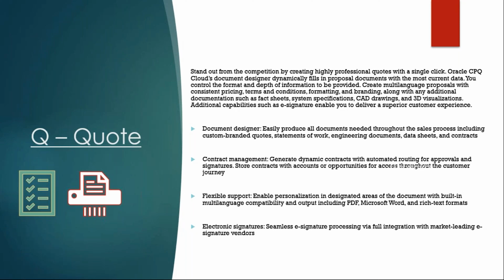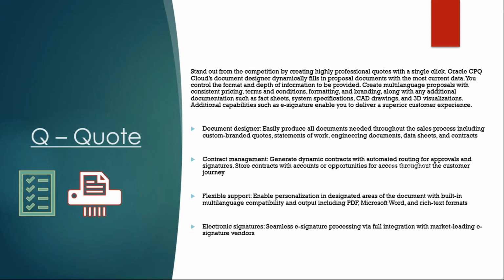The next one is about the proposal. The proposal is nothing but, once we configure the product, and once you are done with the pricing and the approval stuff, the next step is drafting the template, the proposal or the invoice, whatever it may be.